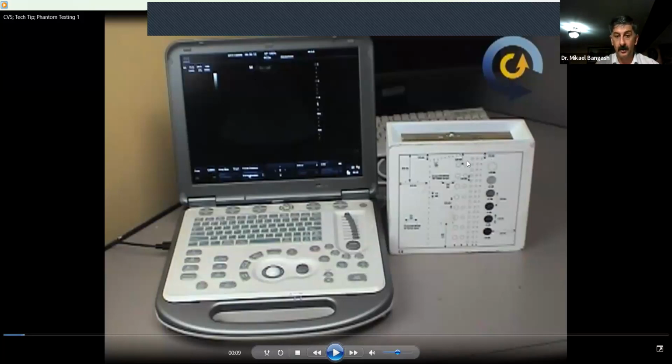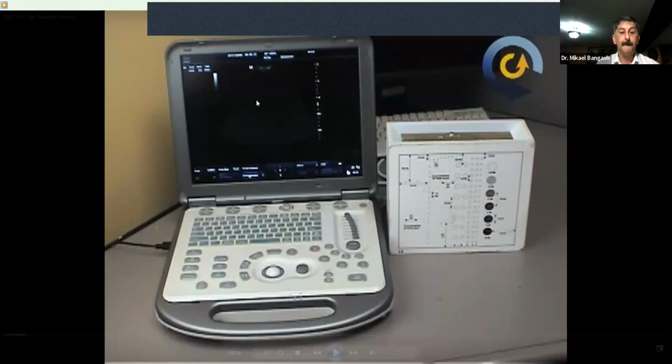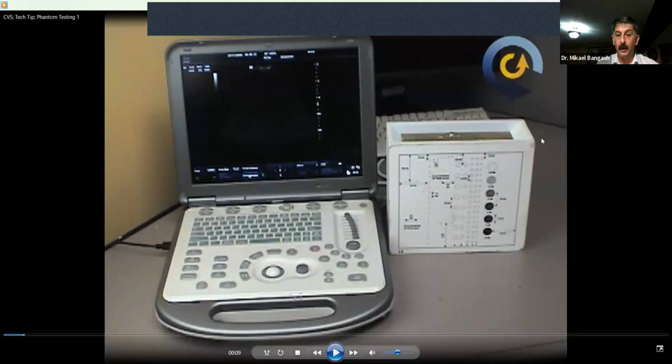They may have some specific scale, and the distance on this one is going to be the same on your scanning. So that's pretty much how you run quality assurance, and this is a regular type of phantom.